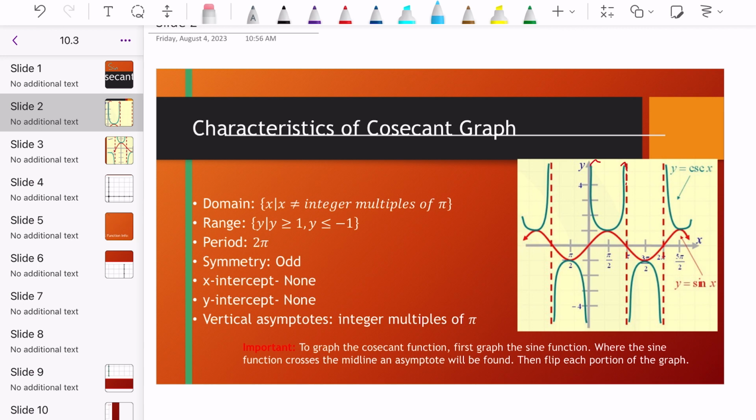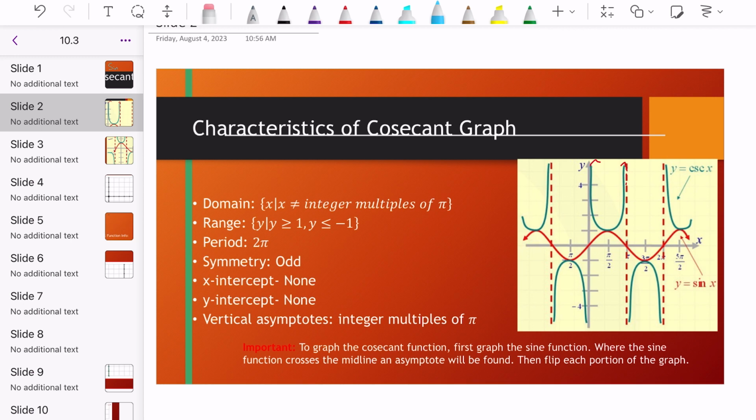The main reason for that is because every single time that we run into negative 2 pi, negative 1 pi, 0, pi, 2 pi, 3 pi, all the way from negative infinity to positive infinity, you will see that there are asymptotes at every single one of those spots.